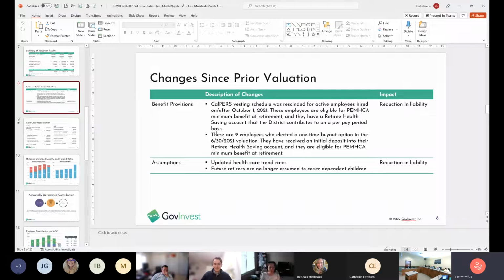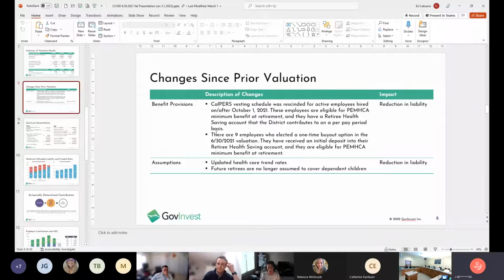What has changed since the prior evaluation? The district did make a benefit provision change where you rescinded essentially the CalPERS vesting schedule for newer employees. So those who were hired on or after October 1st, 2021 will only be receiving the PEMCA minimum benefit at retirement.